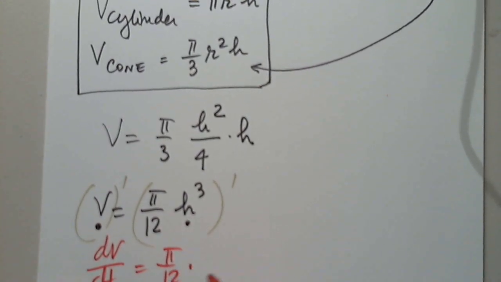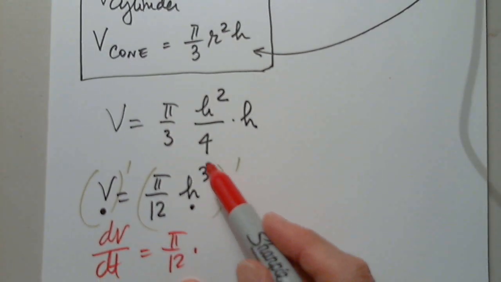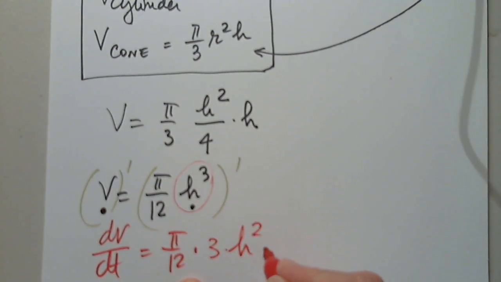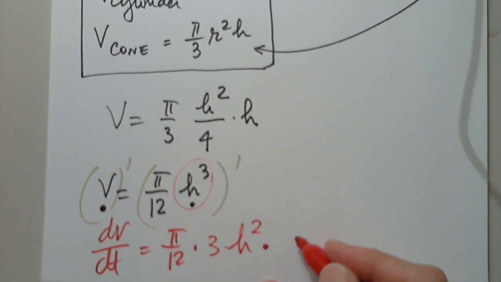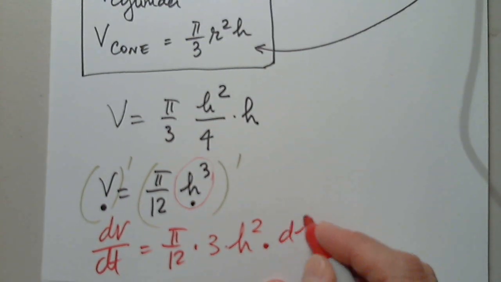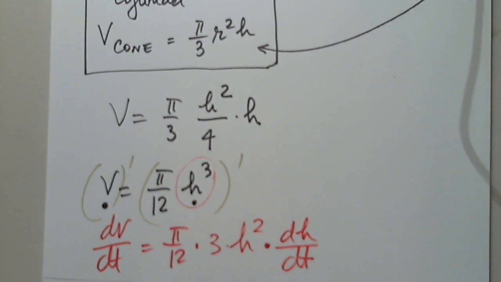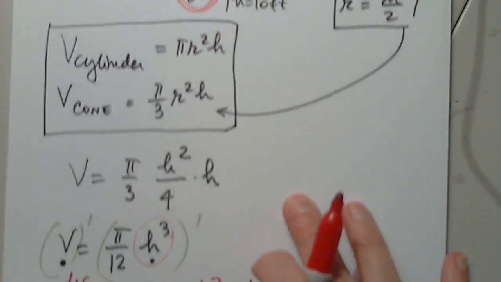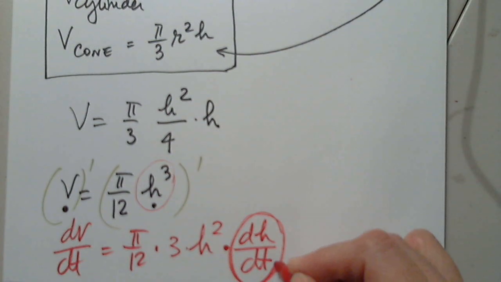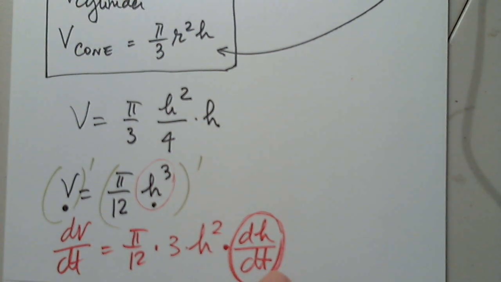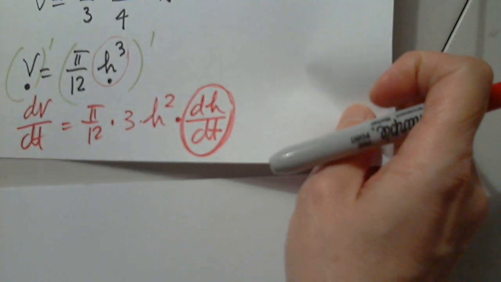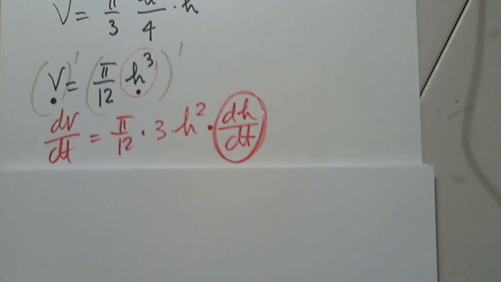Pi over 12, three h squared. Excellent. Times dh over dt. That's it. So I go back. This is what they want, which means this is my variable. I will solve for it first before I put in any number or numbers. And I am on page 7.